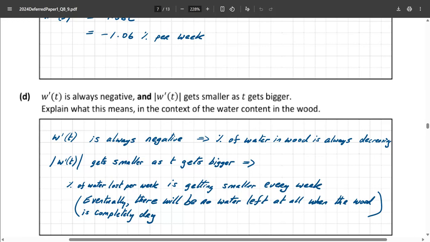We're not losing as much water because it's drying out now as we go along. Or another way to say it is the d2y dx squared, I suppose, is getting smaller. Okay, so eventually there will be no water left. If you think about it logically, if we keep going and fast forward time, eventually obviously it will all be dried out.